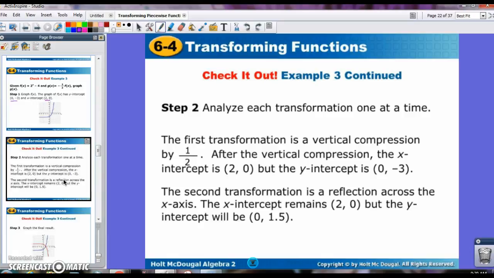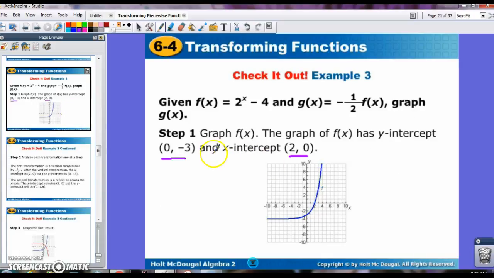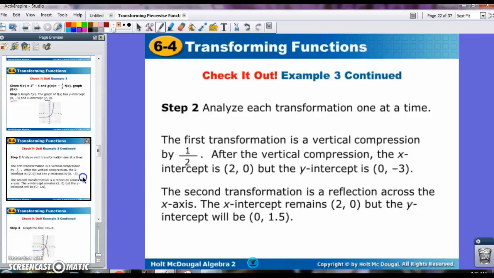The first one is the vertical compression, which means we change the y-intercept. We multiply the y-intercept by 1/2. So that would take us to -3/2. Our x-intercept doesn't change. So that's where we end up with 2, 0.